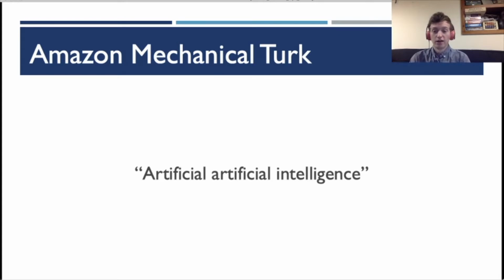So MTurk, or Amazon Mechanical Turk, was founded on the idea that it's kind of artificial intelligence, right? A lot of the tasks done by MTurk workers are tasks that people are looking to automate and need labeled data for. So if I'm trying to train a machine learning algorithm to identify pictures of dogs, I have to show that algorithm many photos of dogs and many photos that aren't dogs, which means I have to know if there's a dog in a photo.